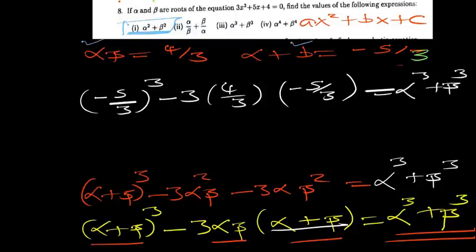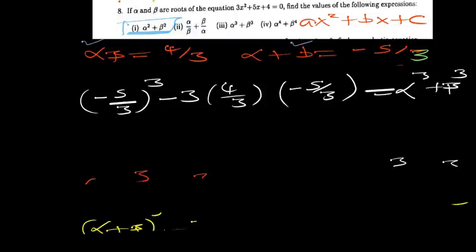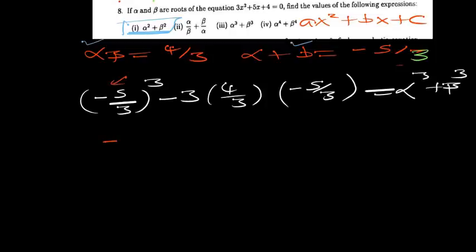Trying to determine the exact value. So this is now just dependent on your simplification, how you can actually go about simplifying this. So 5 times 5 is 25 times 5. That's going to be negative 125. 3 times 3 is 9 times 3, 27.